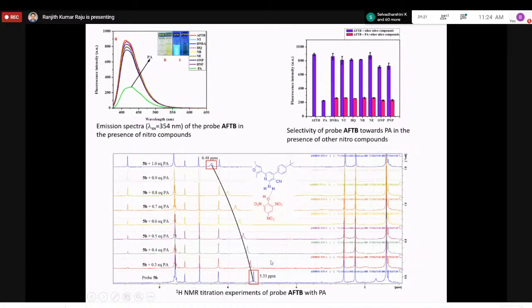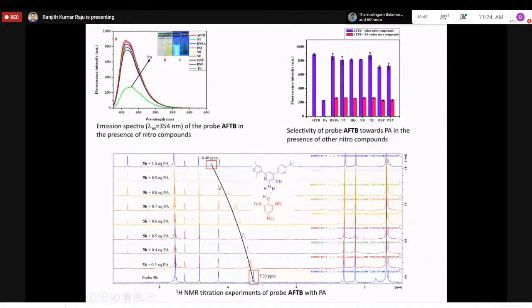So we did the NMR titration experiments, and we found that that was the exact reason, because you can see the amine peak of the free probe appears at 5.33 ppm, and when we gradually added the picric acid in different mole ratios, in the 1:1 mole ratio, it is deshielded and appeared at around 6.48 ppm.